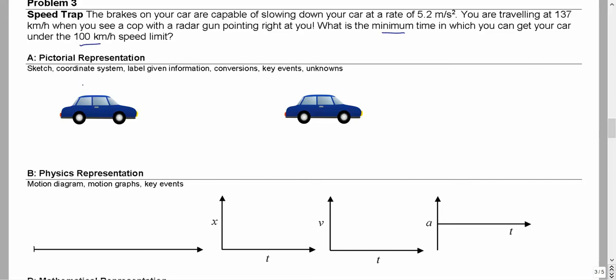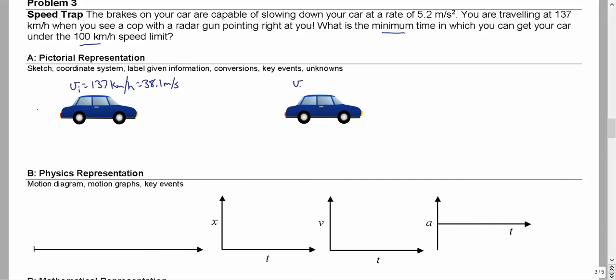First, we're going to have a car over here, so my initial velocity is going to be 137 kilometers per hour, and that speed is 38.1 meters per second, 38.055555, but I'll store that in my calculator.